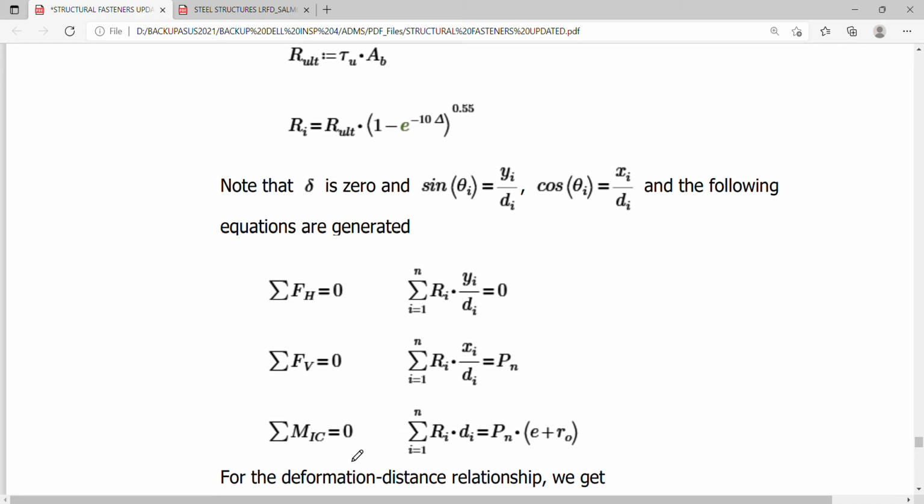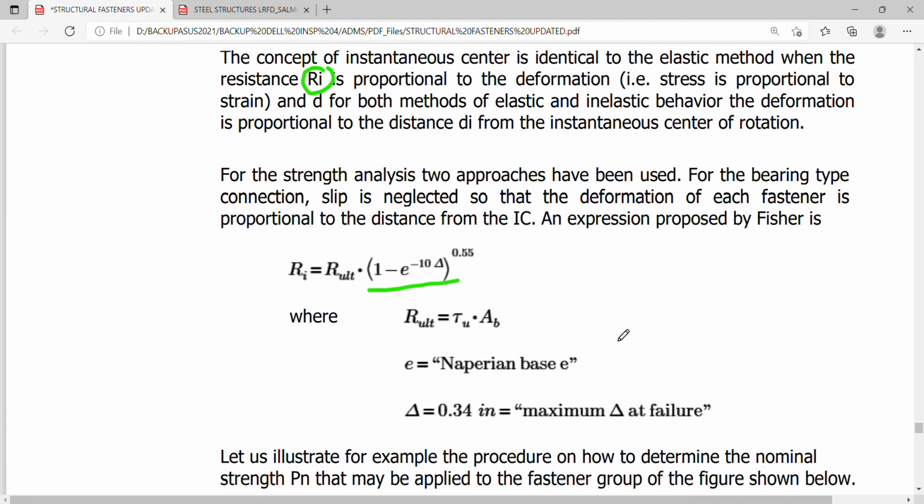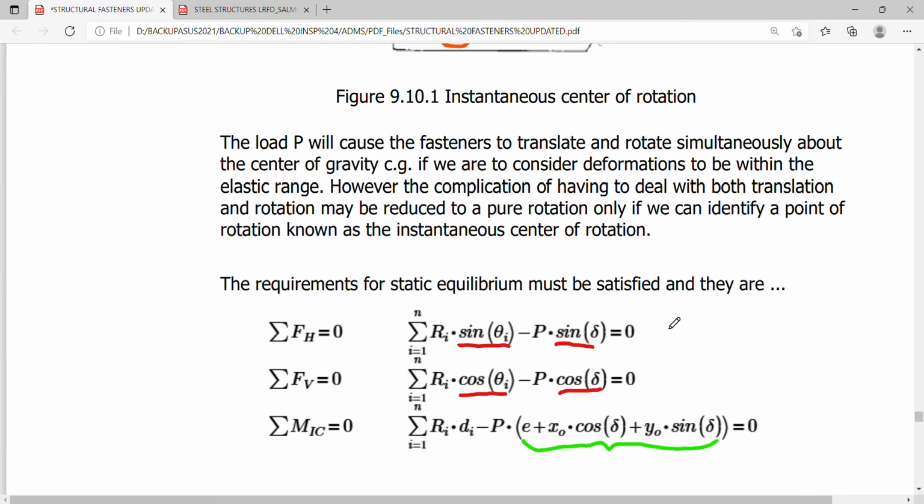And for your moment equation, your summation Ri di must be equal to Pn times e plus Ro. So all of these formulas were simply derived from the basic formulas of equilibrium referred to these expressions.